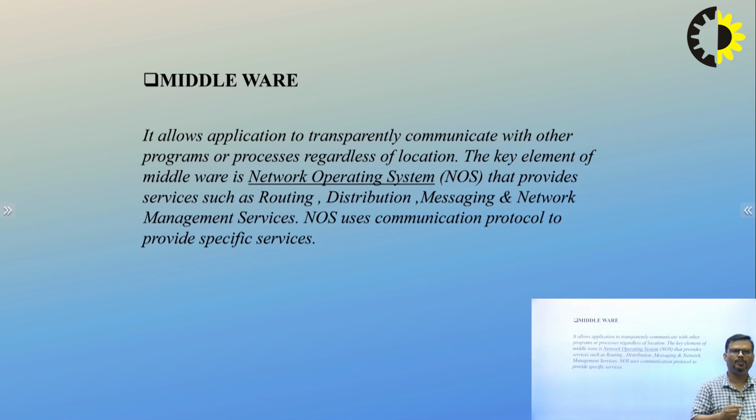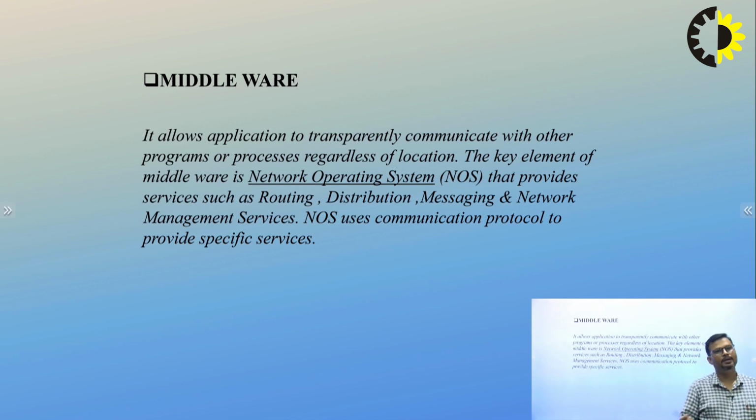The network operating system uses a communication protocol to provide specific services. Suppose we take the example of a mail server. Suppose I am a user and I send a message to another candidate. First of all, we send one message, then the message will go towards the other person.